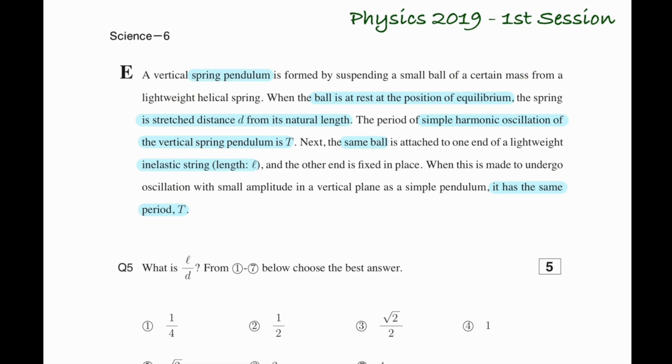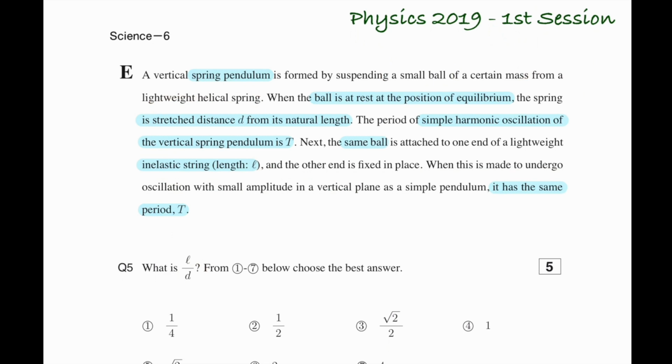The question is, what is L over d? L is the length of the inelastic string in our second arrangement, and d is the stretch distance from our first arrangement.